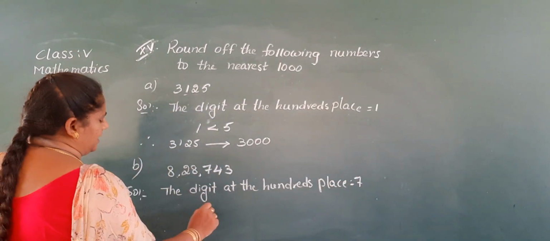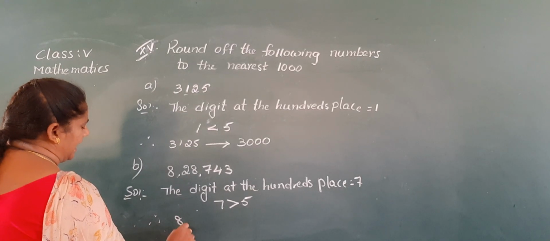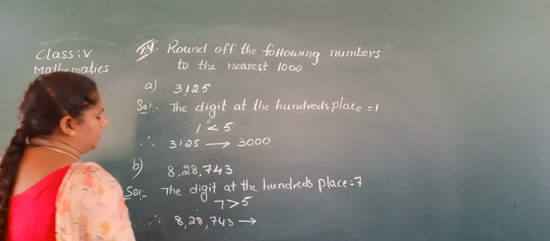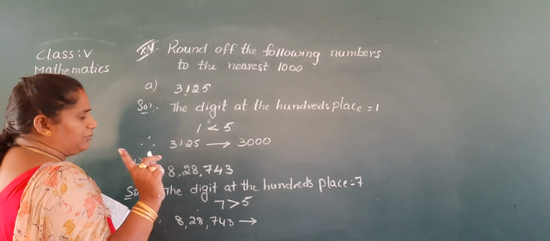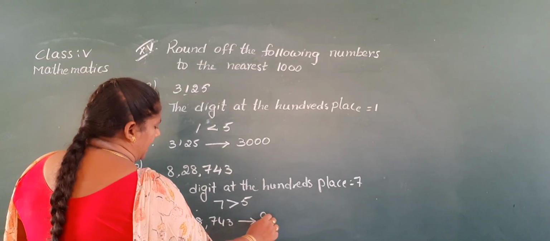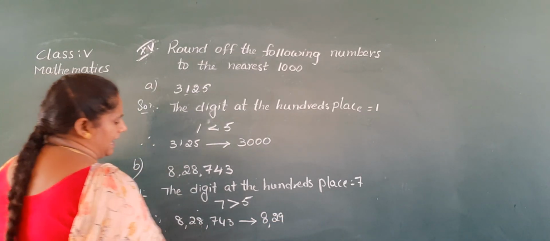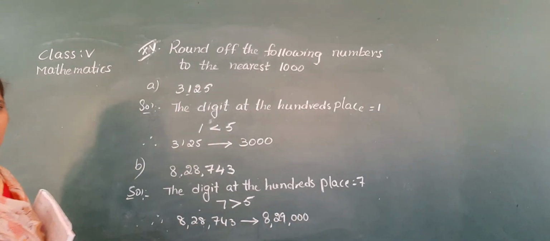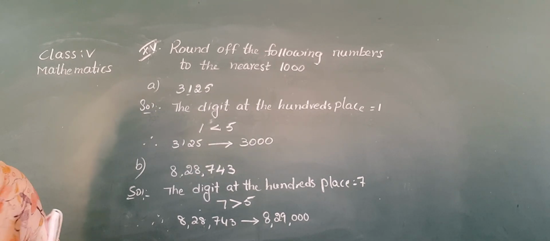So here 7 is greater than 5. Therefore, 8,28,743 is rounded up to, yes, if it is greater than 5, add 1 to the thousands place. 8,29,000. 8 plus 1, 9. And hundreds, tens, ones become zeros. So 8,29,000. Note down.